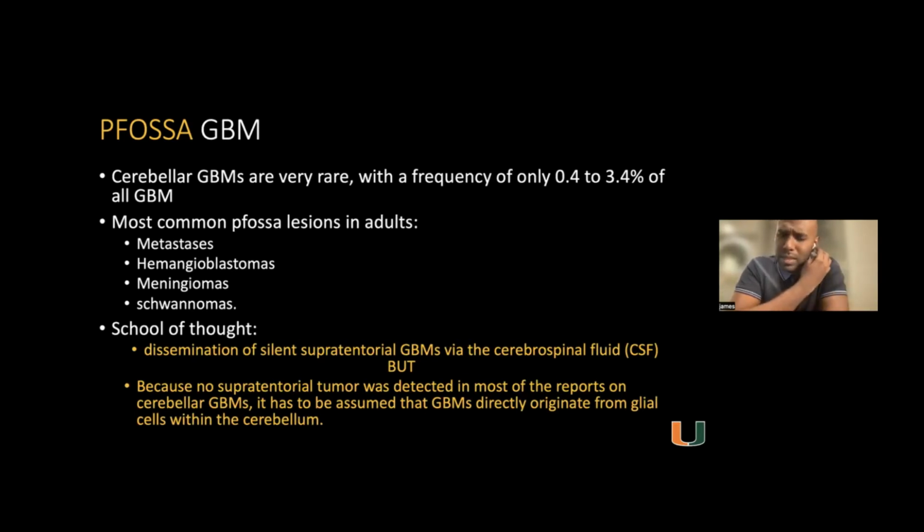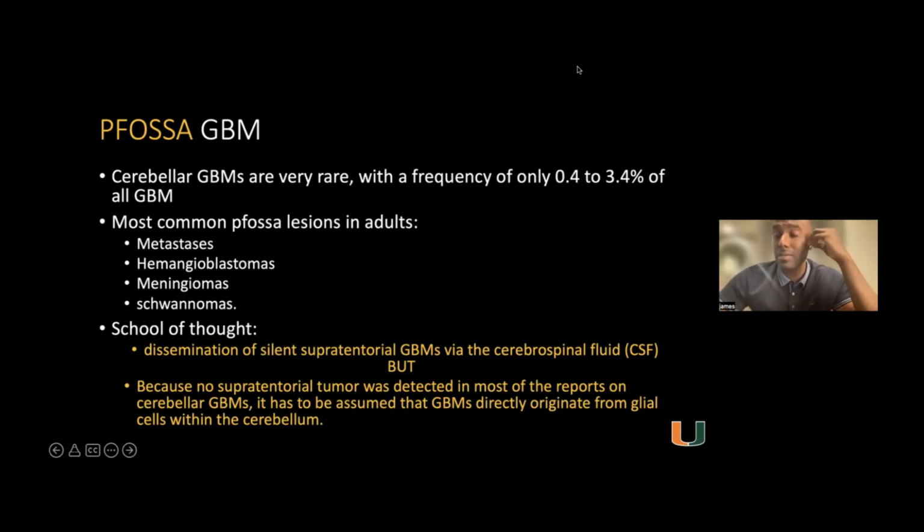So the question is, how did these things all of a sudden come about? There's a couple schools of thought. Some think that if someone has a prior supratentorial GBM, there's some seeding via the CSF. But then there are patients like this who have no supratentorial tumor detected.